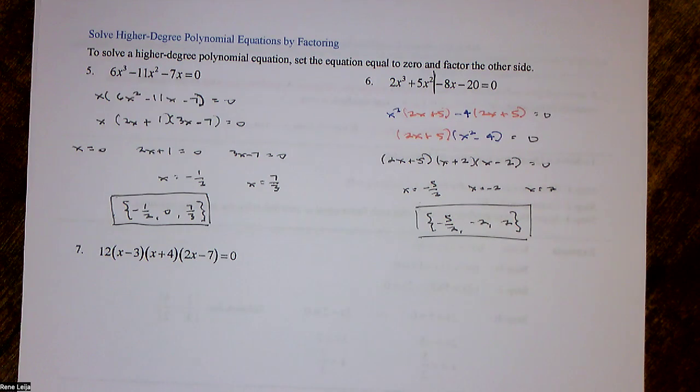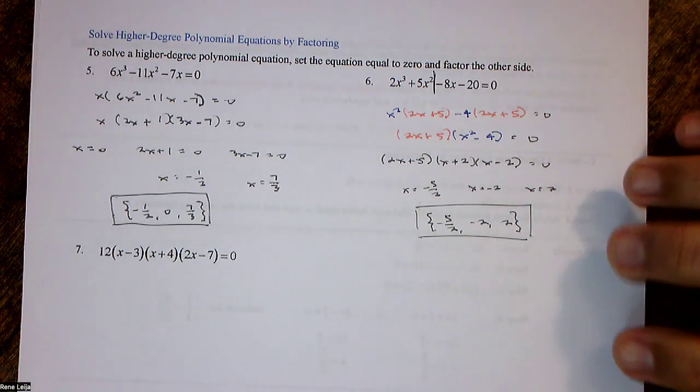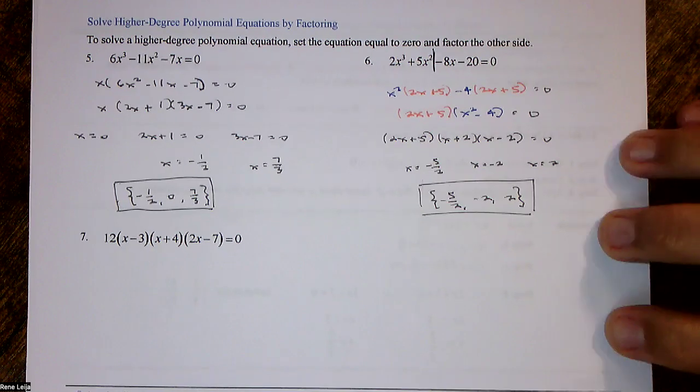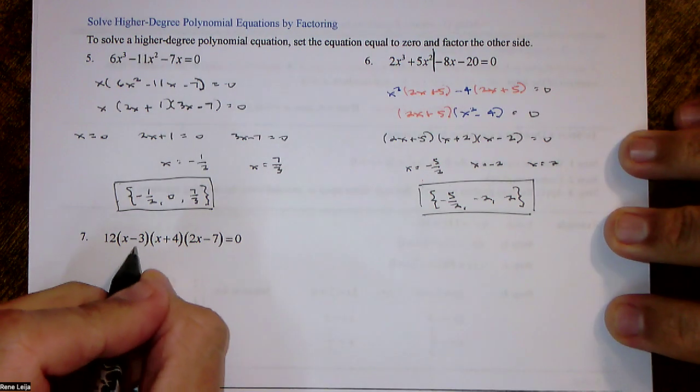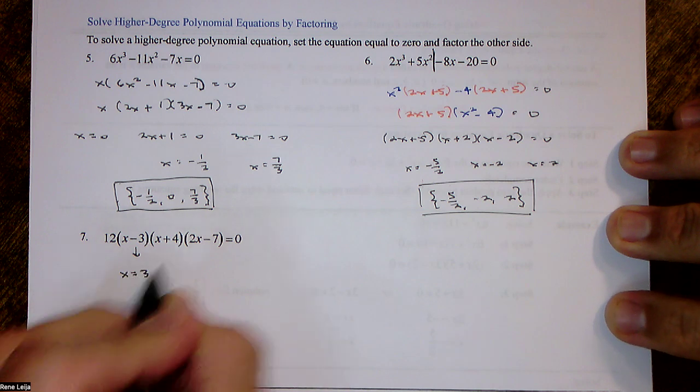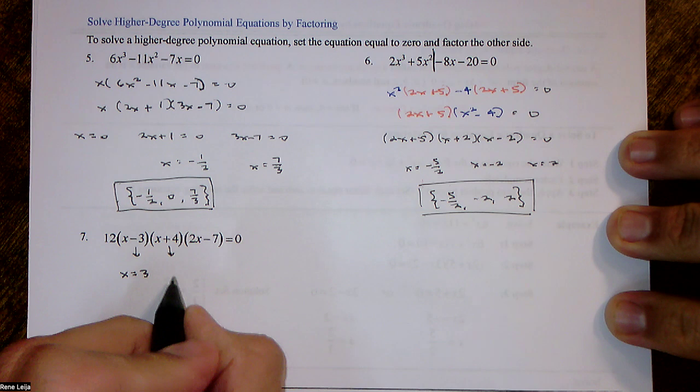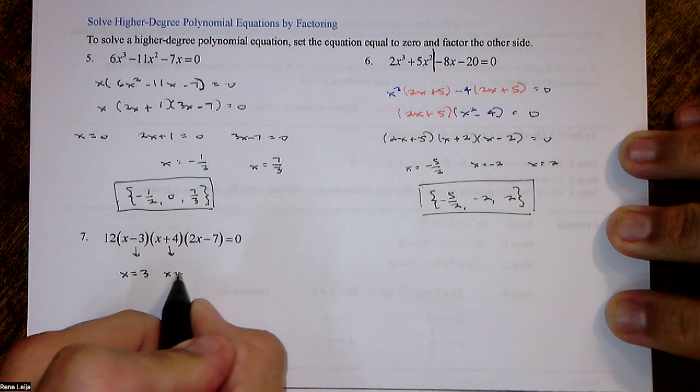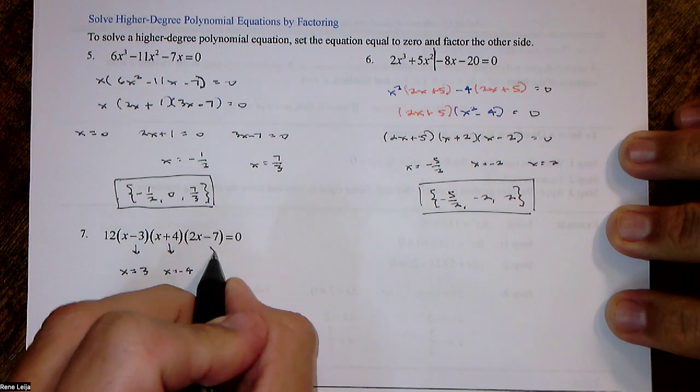Okay, now number 7, I don't know why they didn't put number 7 first, but number 7 has already been factored for you. And all you have to do is list the solutions. So this one is going to tell you that x has to equal 3. This one is going to tell you that x has to equal negative 4.